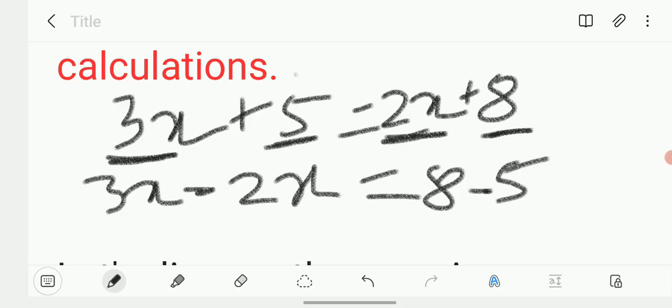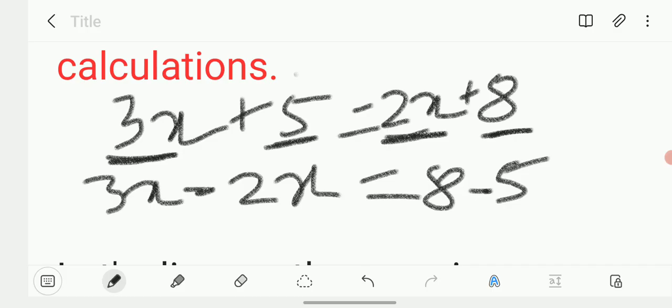You can do addition and subtraction of only the terms which contain the same variable. In mathematical terms we refer to the same variable terms as like terms. Like terms are the terms which contain the same variable.